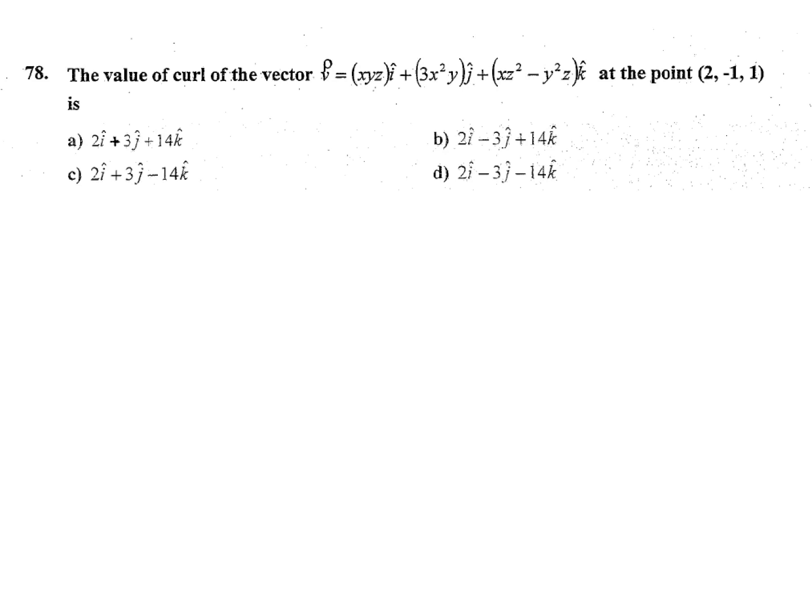The value of curl of the vector, this is V vector, x y z I cap, 3x square y j cap, x z square minus y square z k cap, at the point 2, minus 1, 1. We have to calculate curl of vector, del cross V vector. Here V vector is u i, v j, w k.